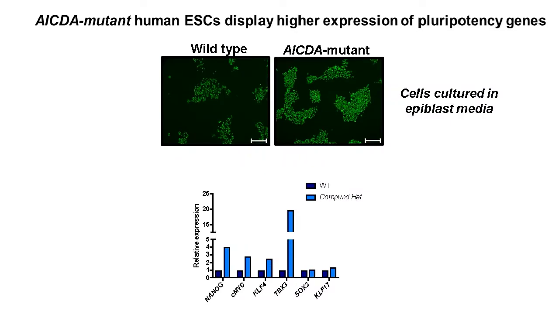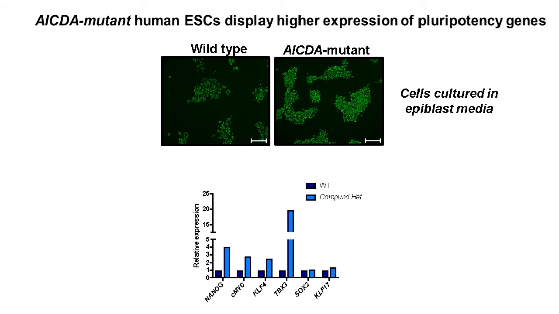However, very interestingly, I observed that when these cells were cultured in the prime condition, which is very similar to the mouse cells, AID mutants more homogeneously expressed Nanog as compared to the wild type cells.